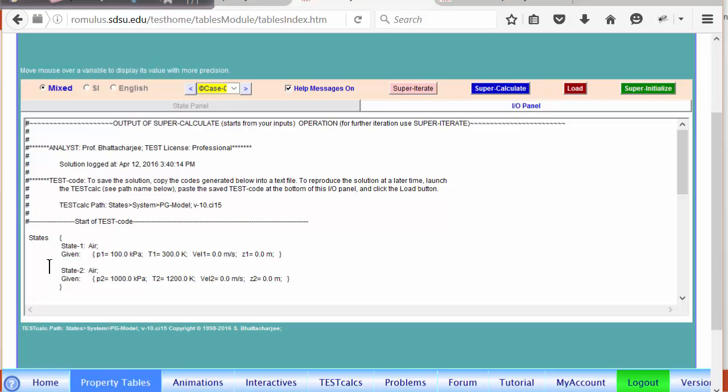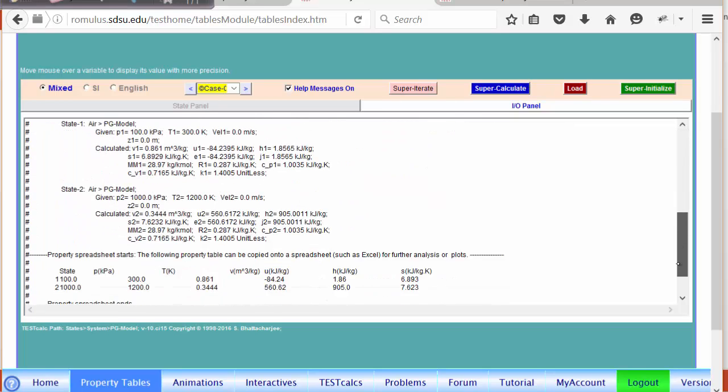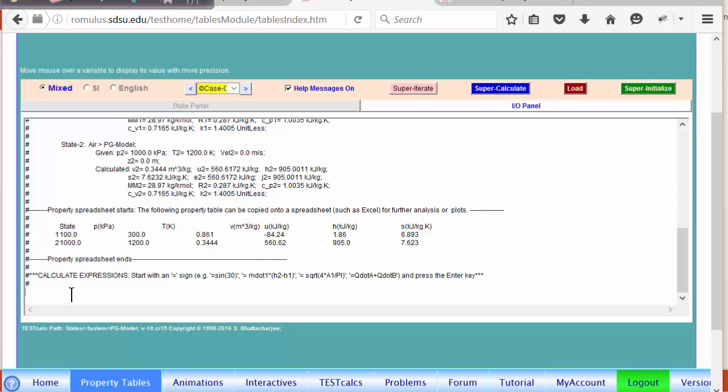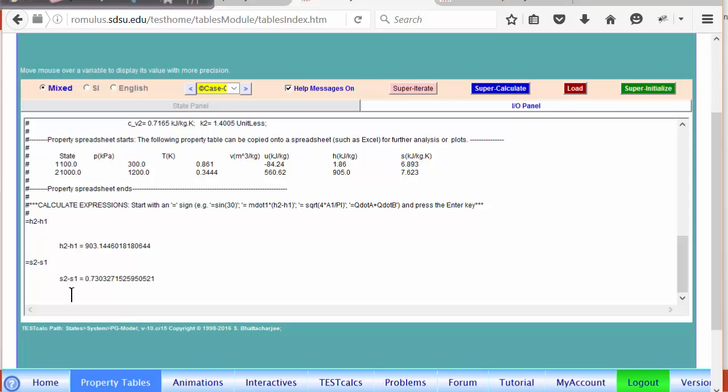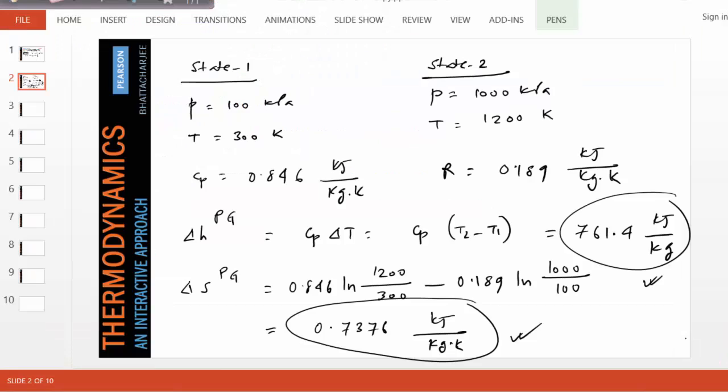As a result, all the states are recomputed, and now we can find our new values, H2 minus H1 and S2 minus S1. So for air, the corresponding values are 903 and approximately 0.73.